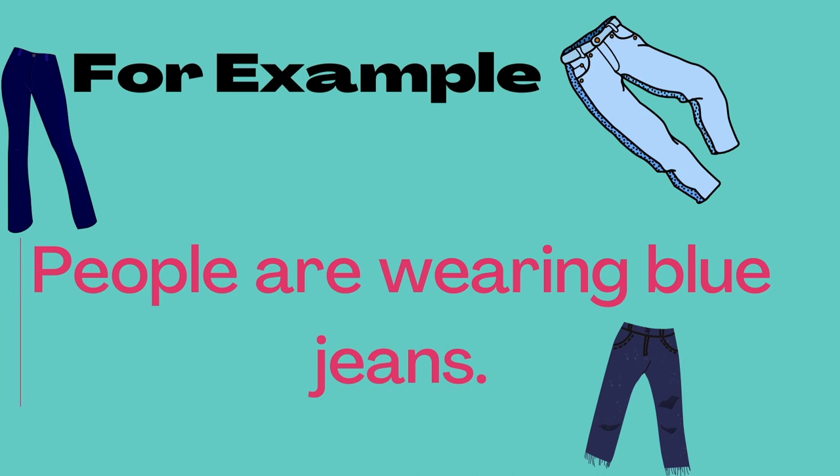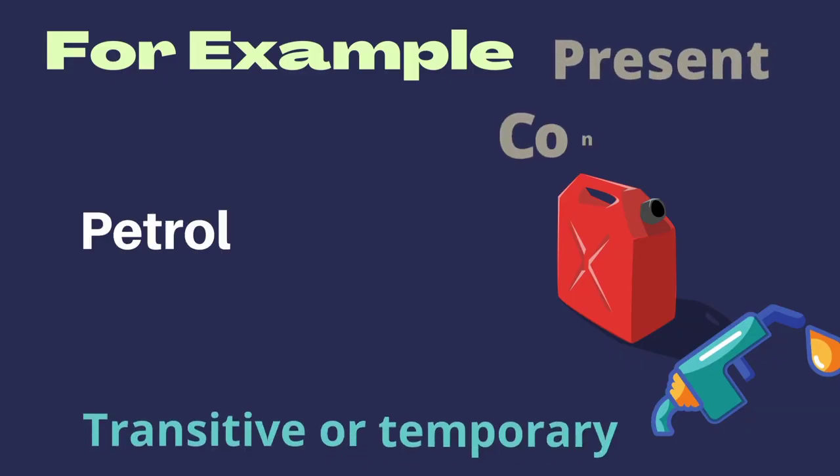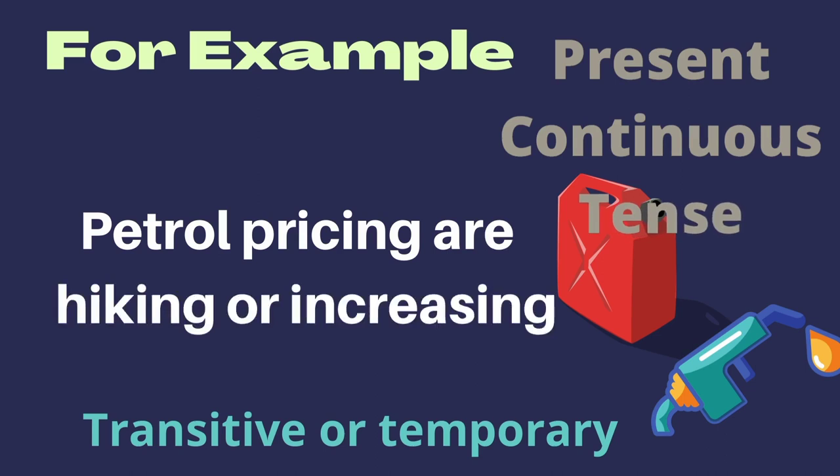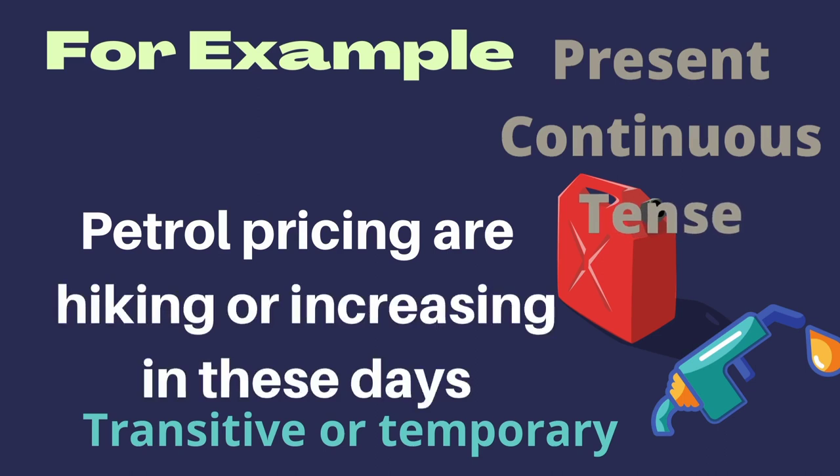Then petrol prices are hiking or increasing in these days. This is transient. This is temporary. In these days this is happening, and hopefully it might not be in the future. So this shows the temporary trend. In that case also we use present continuous tense.